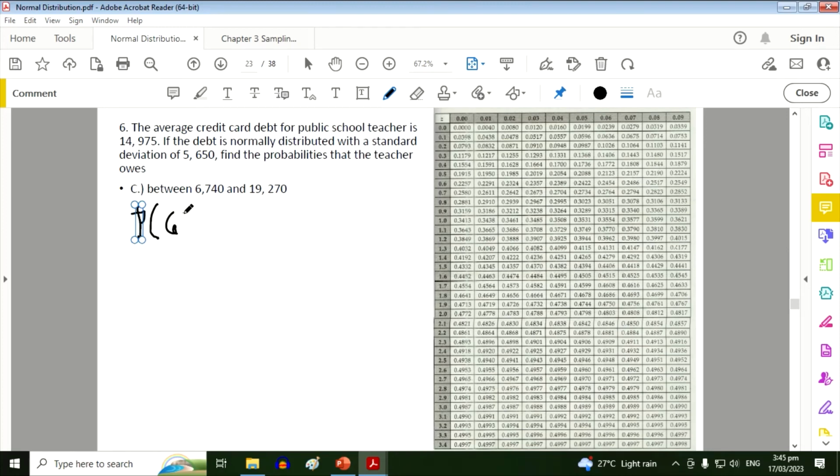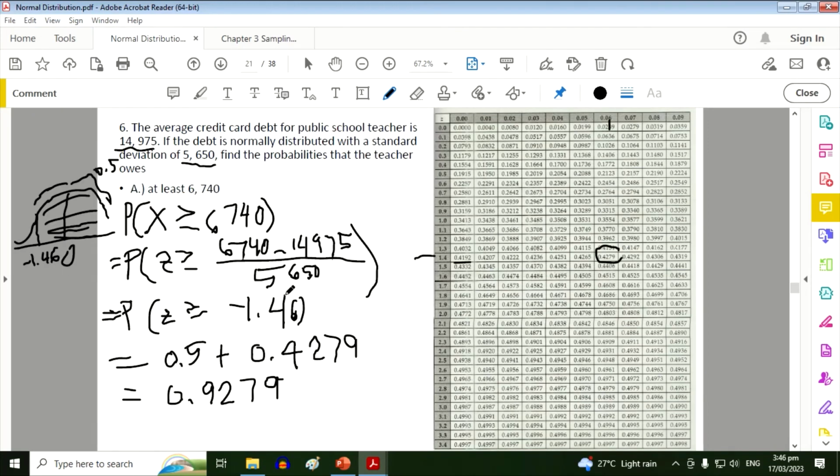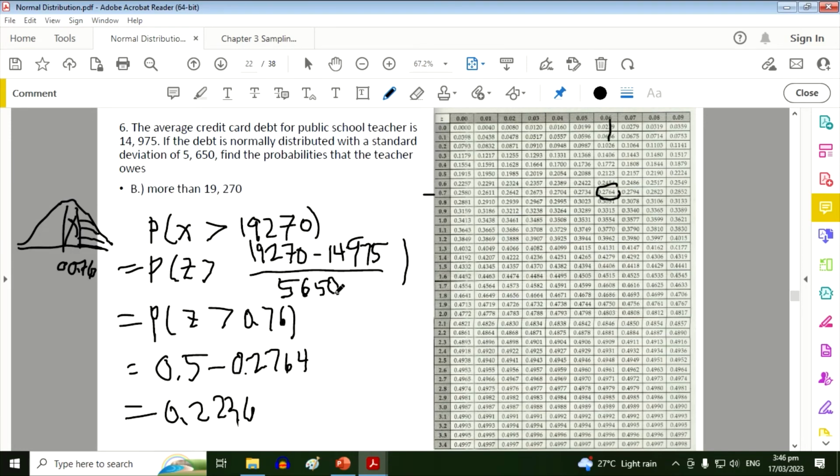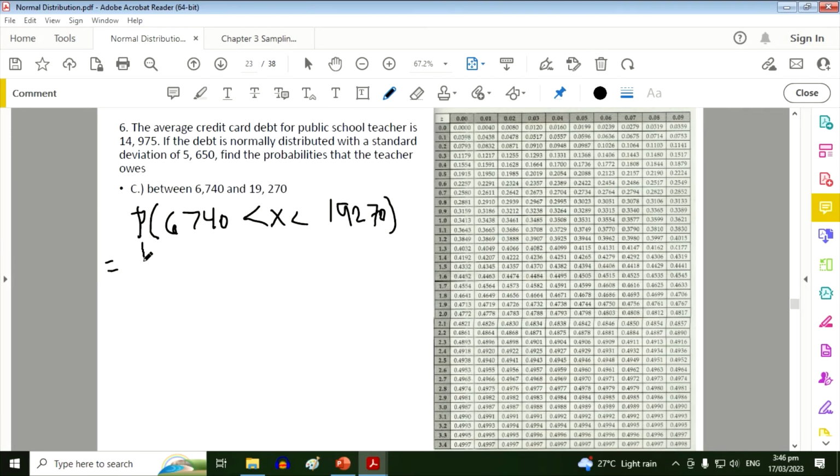And last, between 6,740 and 19,270. If you notice, these two were already converted. So 6,740 is negative 1.46, and the other one, 19,270, is 0.76.